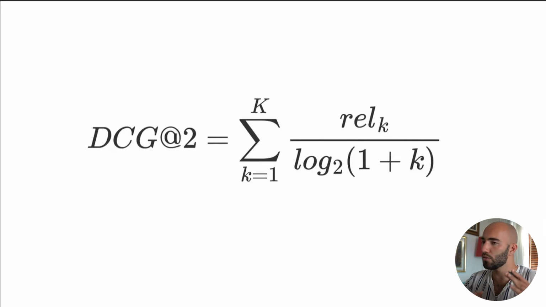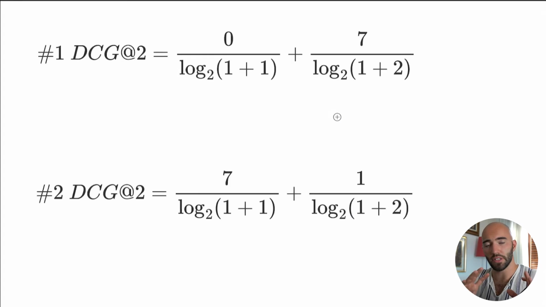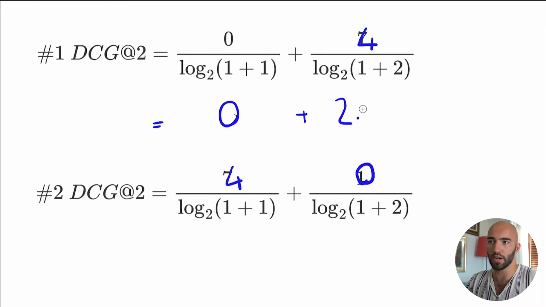DCG adds one more component, which is this penalty value in the denominator. Using this penalty function, so this should be 4, and this should be 4 and 0. So if we take a look at these, we get 0 plus 2.52.